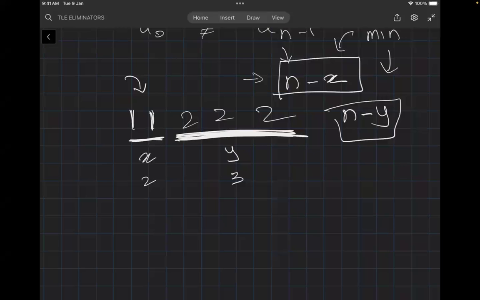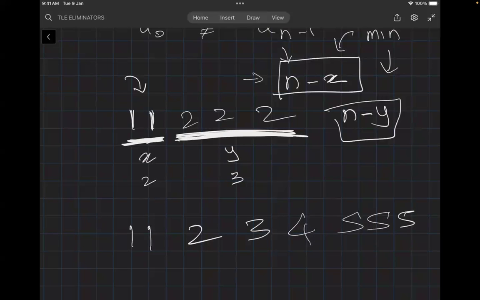Okay. So apart from this particular prefix, let's say 1, 1, 2, 3, 4, 5, 5, 5. How many elements are there? There are 7 elements, right? No, there are 8 elements. So n is equal to 8 here. So the prefix is 2, right? X is equal to 2. So if I decide to make all elements equal to 1, what is the cost?